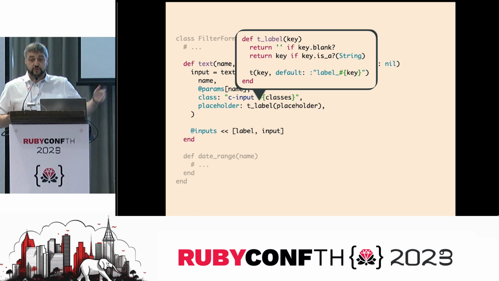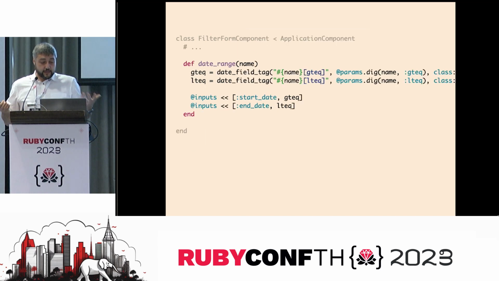Otherwise, it tries to translate it, using a default like label underscore. In this way I can say the placeholder is money, and it can be translated in Bulgarian as pari, and other languages as money or whatever it is in those languages. I just know two human languages, at least. So this is how it looks.